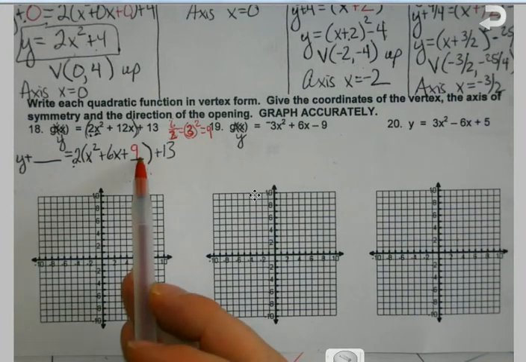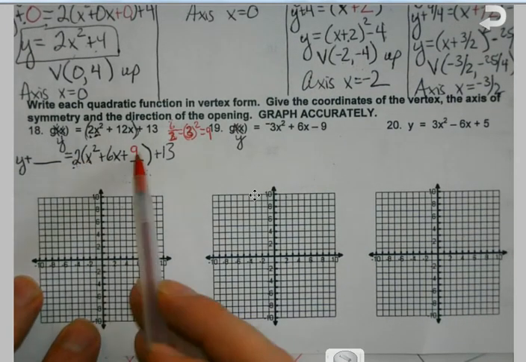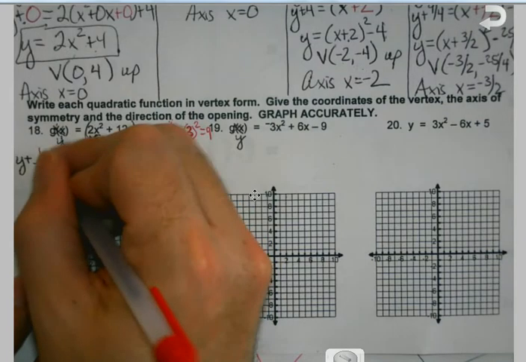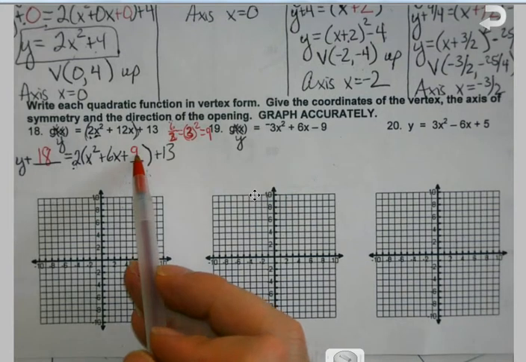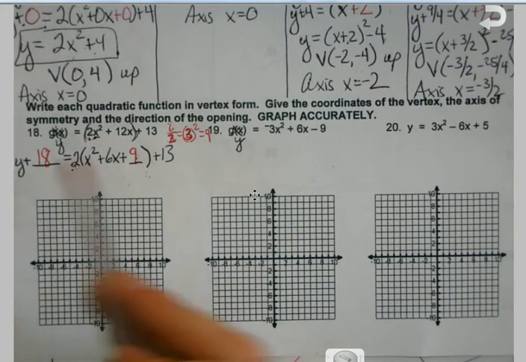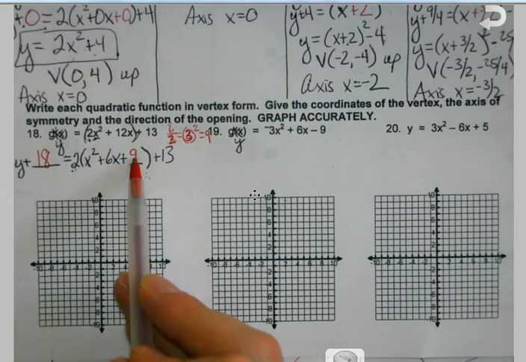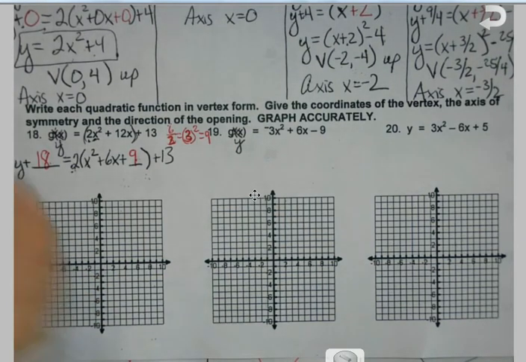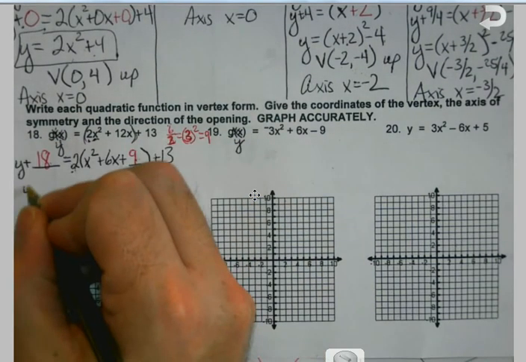That 9, since I pulled the 2 out here, 2 times 9 is 18. That's what has to go on the other side. So now, instead of just taking the same number and putting it in both places, whatever number I pulled out, I have to multiply it by that before I add it in. Because then I can still make it look just like it did before.